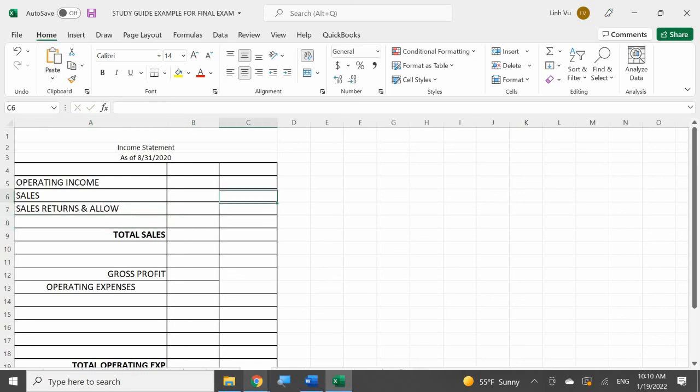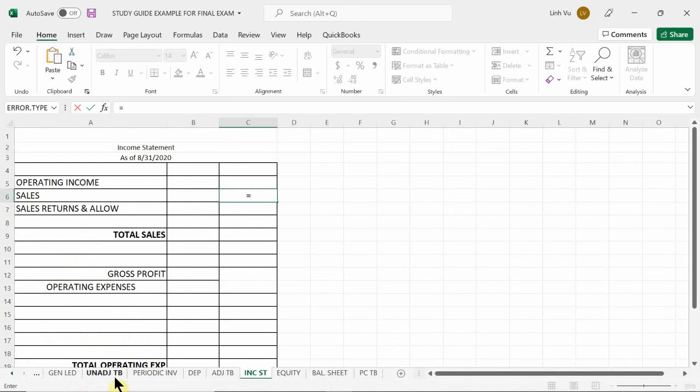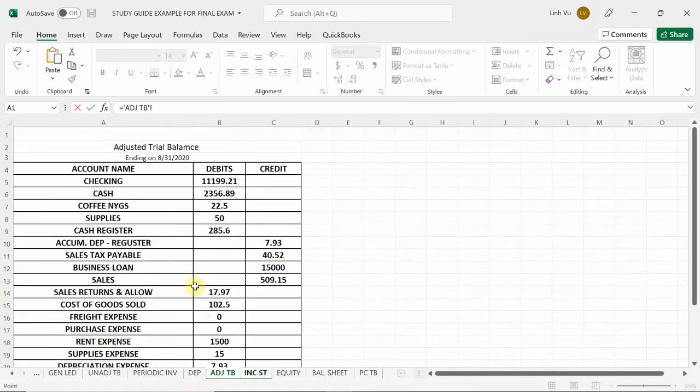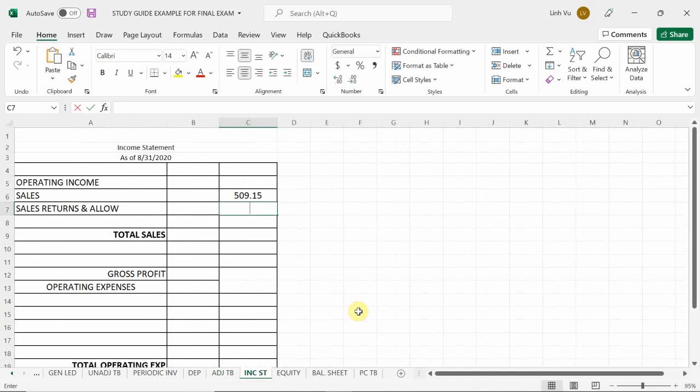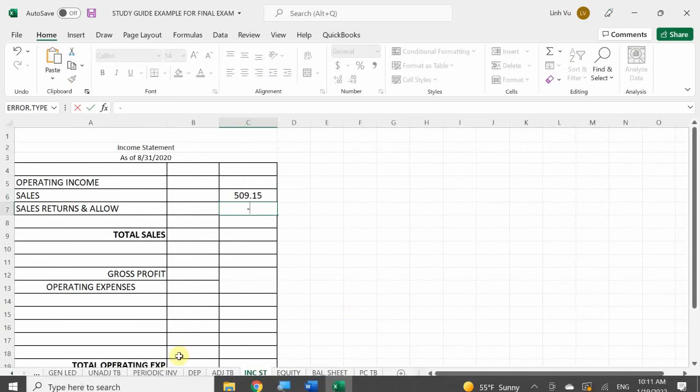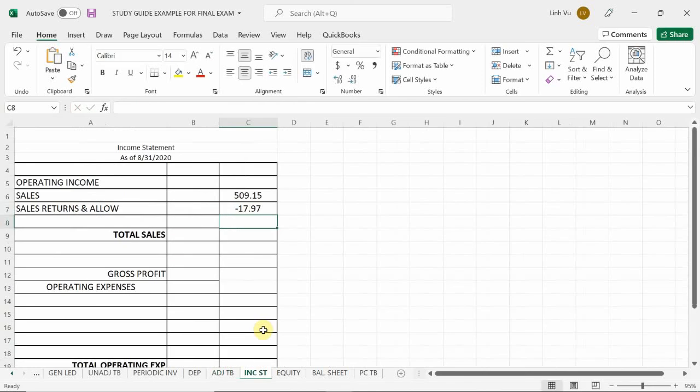Okay, so how much total sales did we have? We have it for 509.15. We need to subtract returns and allowances, which we have here for 17.97, to get our total sales to be, what's my total sales?